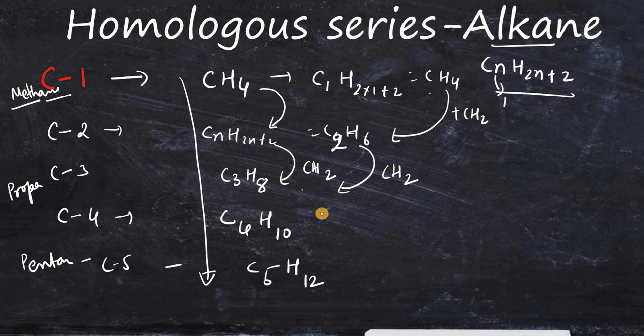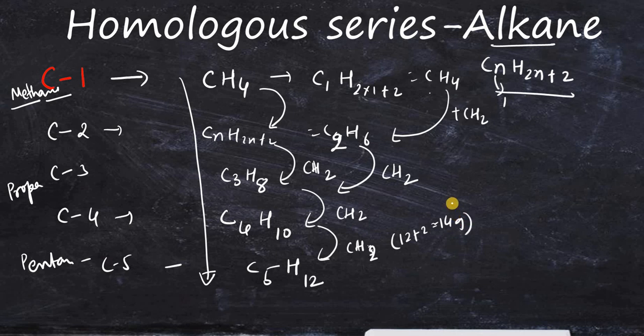If I add further CH2, it becomes butane. If I add further CH2, it becomes pentane, right? So as you go down the homologous series, at each level there is an increase of CH2, or you can say an increase of 12 plus 2, basically 14 grams of mass.